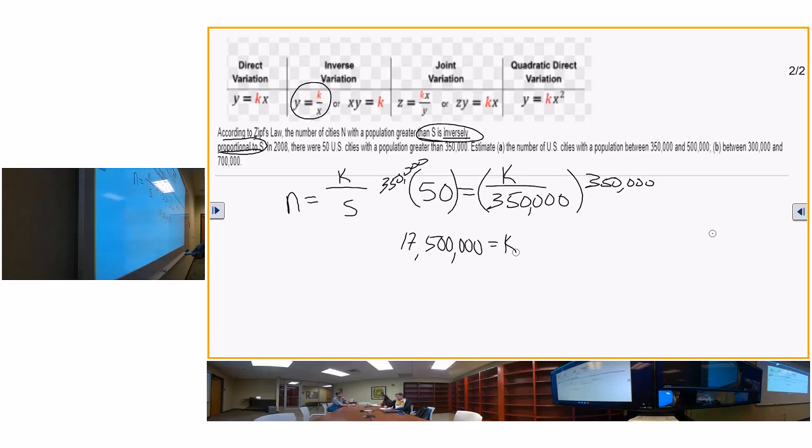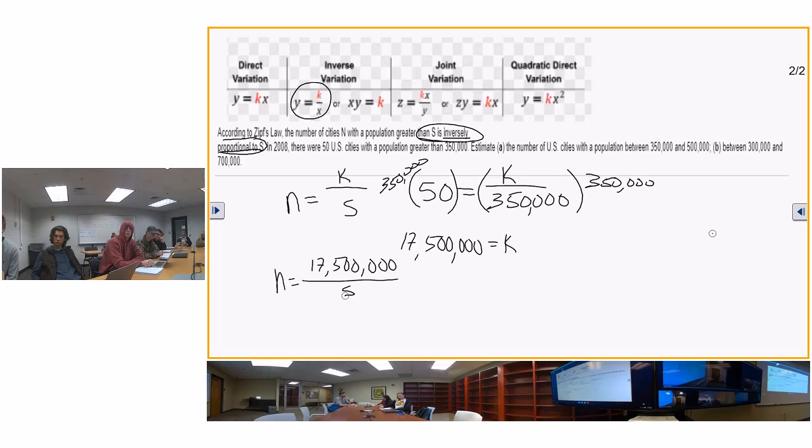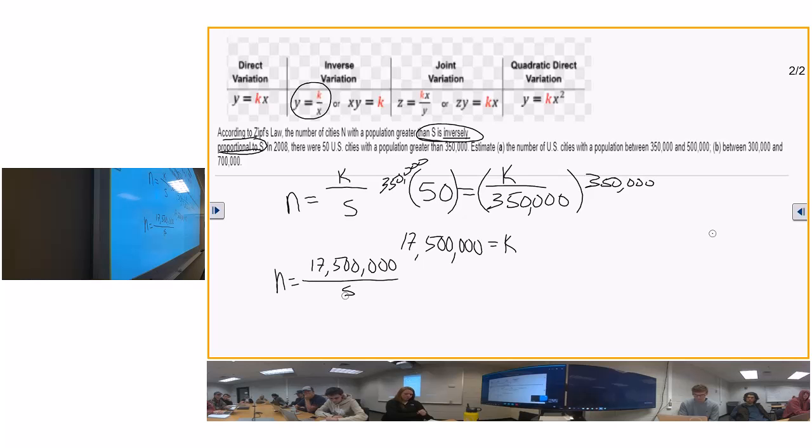Our formula is N is equal to 17,500,000 divided by S, where S is the population and N is the number of cities.